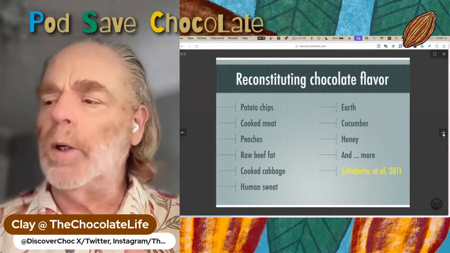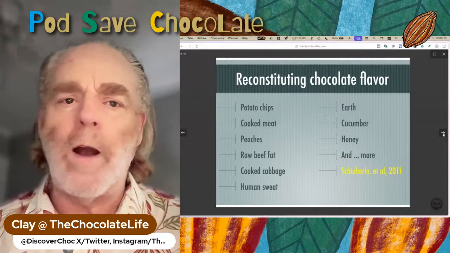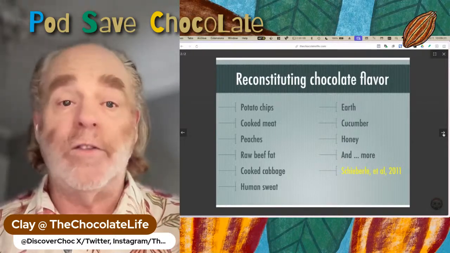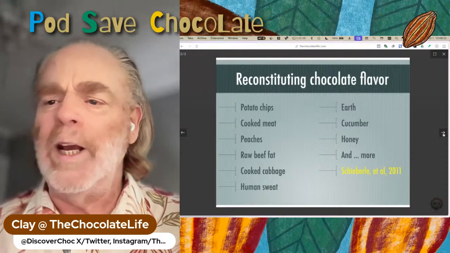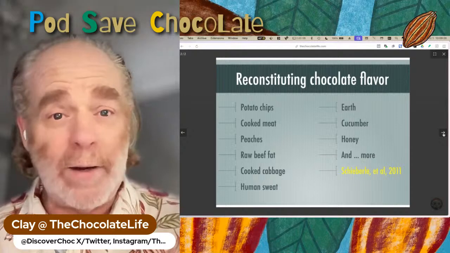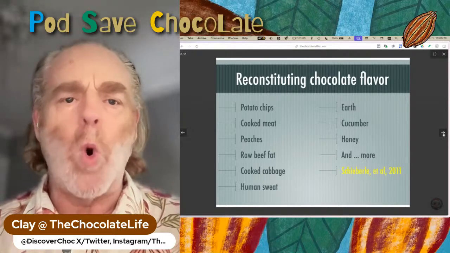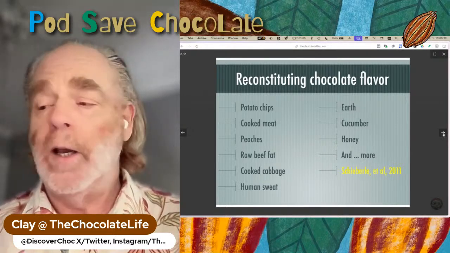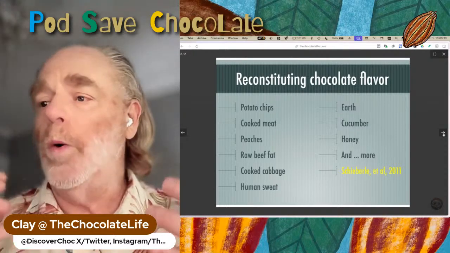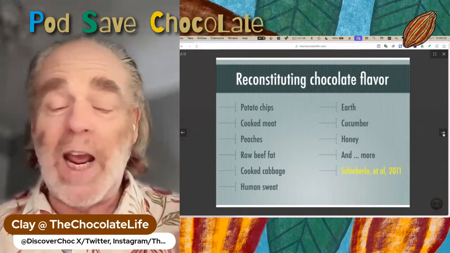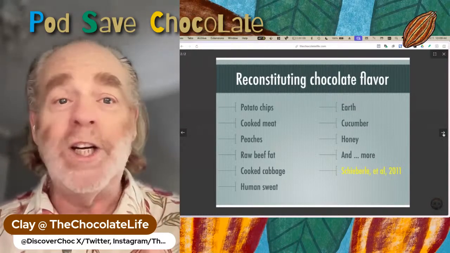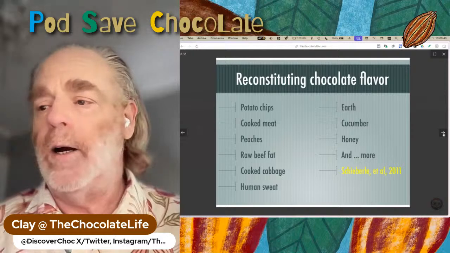But what Peter Schieberle and his group discovered, back in 2011, is that when you want to put chocolate flavor together, rather than breaking it down into individual chemical compounds, you can break it down into more complex groupings and give them names associated with foods. And so chocolate flavor might contain a flavor that we think of as potato chips, and it could contain a flavor of cooked meat.